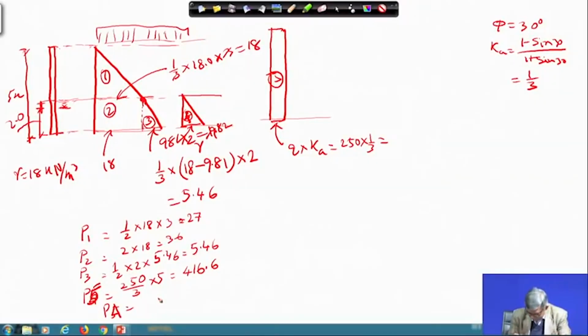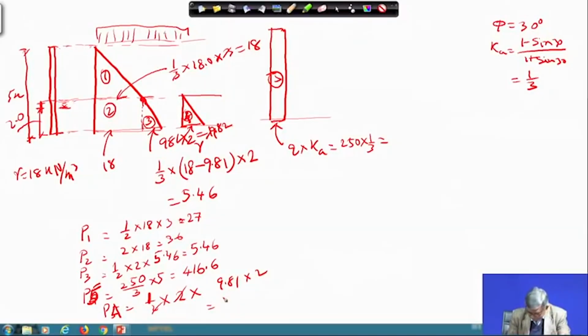So, P4 will be half into 2 multiplied by 9.81 multiplied by 2.